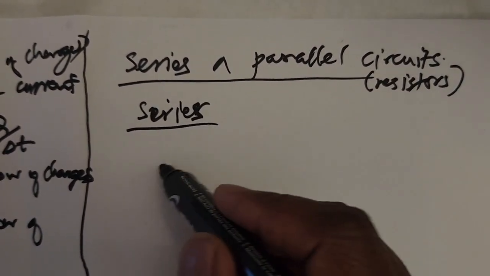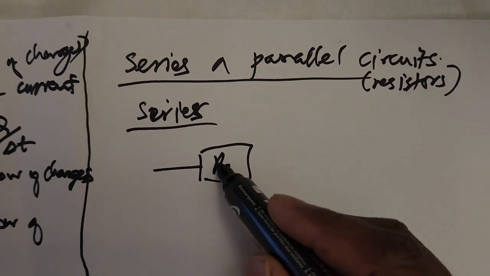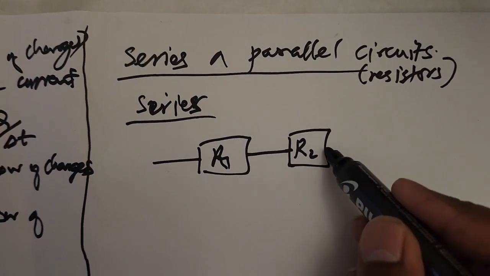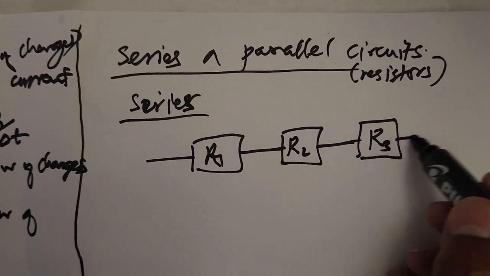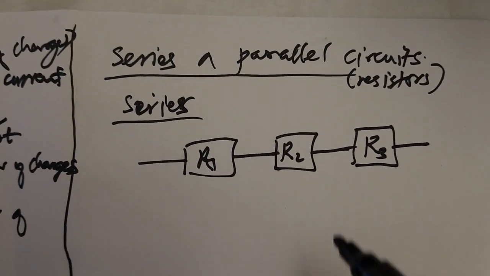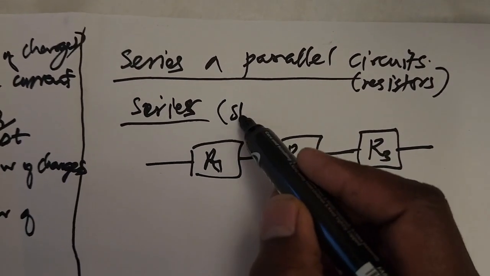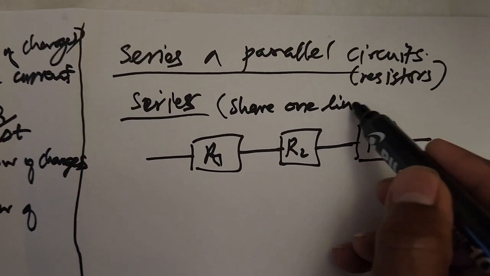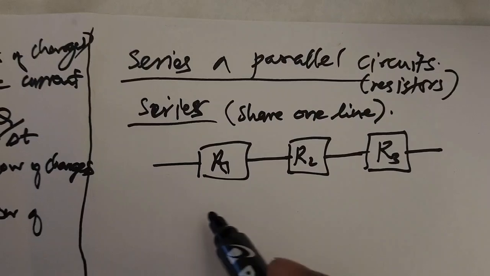Series resistors are the ones arranged in this manner: R1, then R2, then R3. Therefore the three resistors are connected in series. If you don't know which ones are in series, normally they share one line. That is the hint. If resistors are sharing one line, then they are in series.